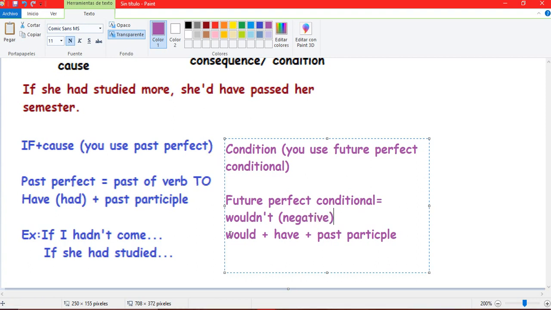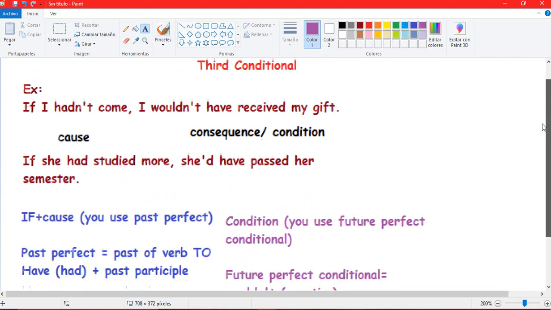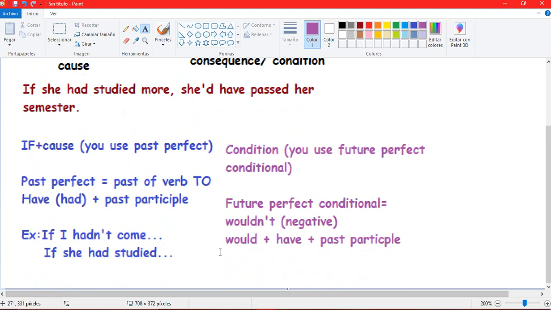So the structure is would, have, plus past participle of the verb. For example, I wouldn't have received.